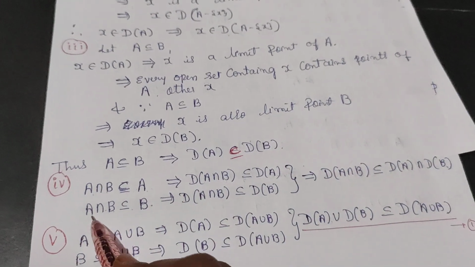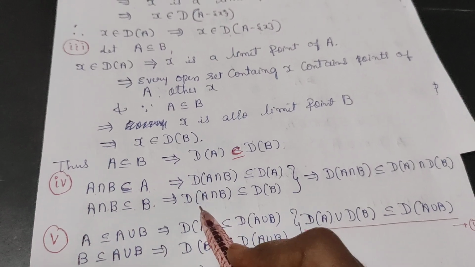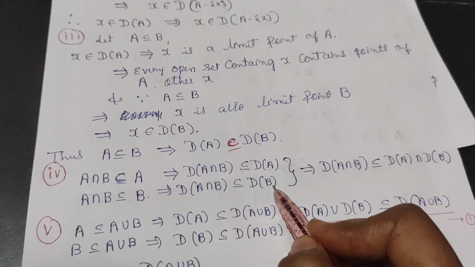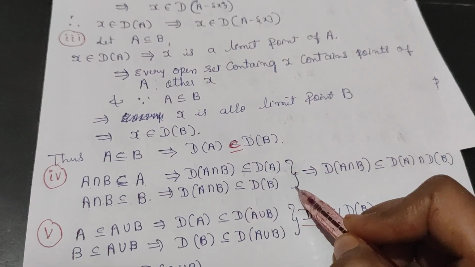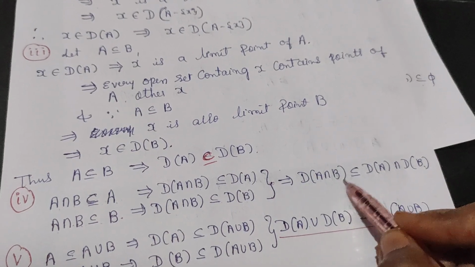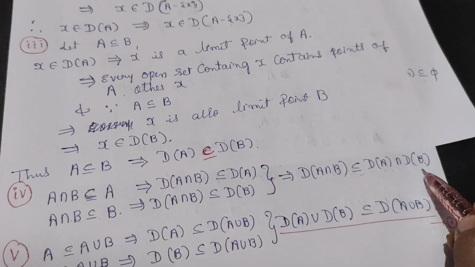Again, A intersection B subset of B implies D of A intersection B is contained in D of B. So combining these two, we can write D of A intersection B is contained in D of A intersection D of B.